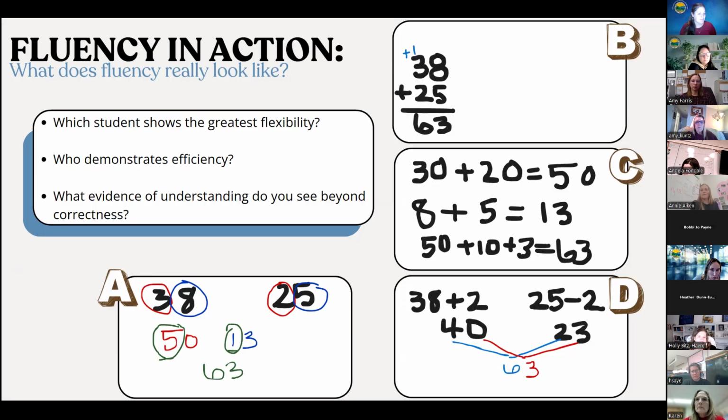I had just said C because it really shows that they have their number sense established, and so they can break things apart and put them back together. Yeah, there's a lot of like decomposition happening, right, Holly? And then they're composing the numbers back. I agree with that. A lot of number sense there.